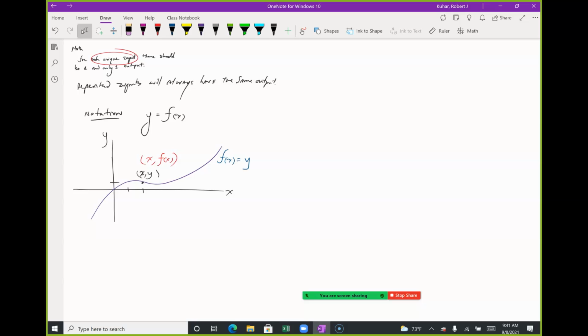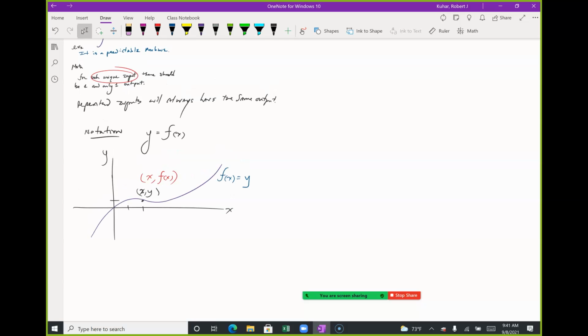So we have to be able to talk about the domain of functions, the range of functions, and we have to be able to look at them several ways. What is the concept of domain? It's allowable inputs.